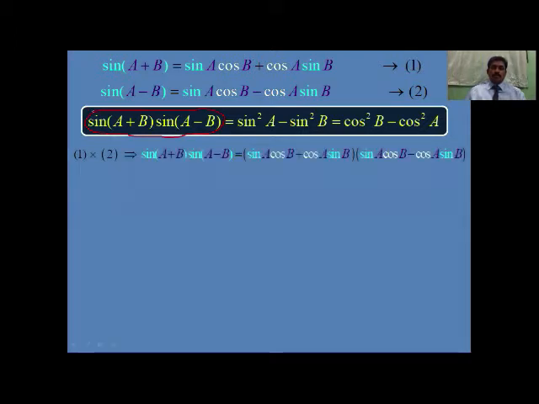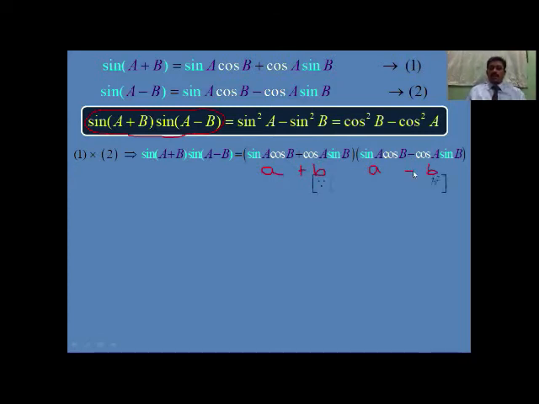Sin of a plus b into sin of a minus b equal to sin a cos b plus cos a sin b into sin a cos b minus cos a sin b. If you observe this, this is nothing but a, it is nothing but b, it is also a, and it is also b. This looks like a plus b, and this looks like a minus b.